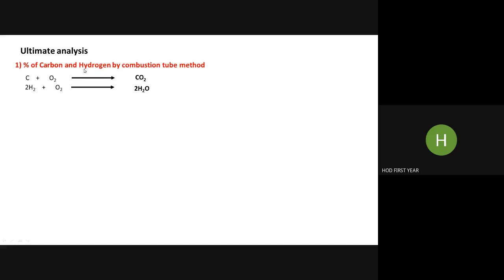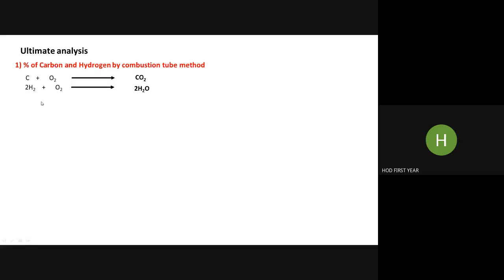So what we do, we burn a known quantity of coal in a combustion tube. When we burn coal, carbon is converted into carbon dioxide. Carbon dioxide is a gas. We can trap it, we can measure its amount. So that amount of CO2 can be converted into percentage of carbon.